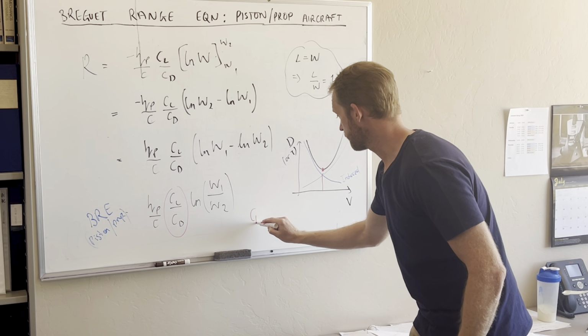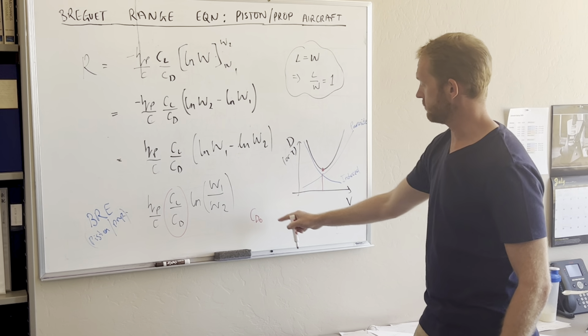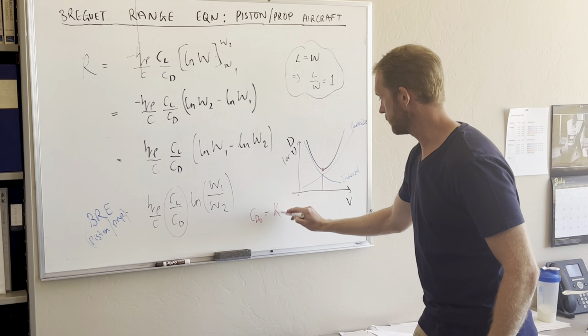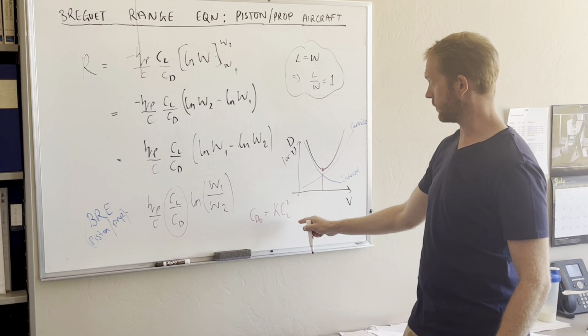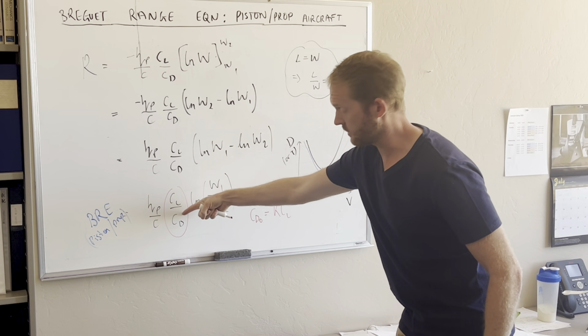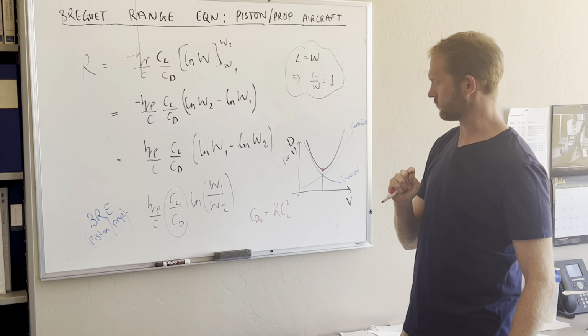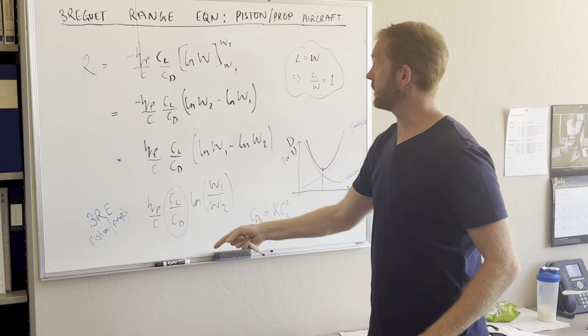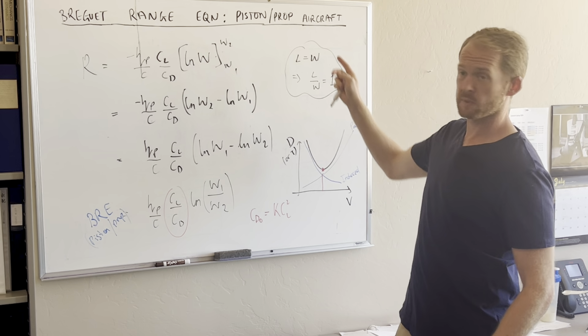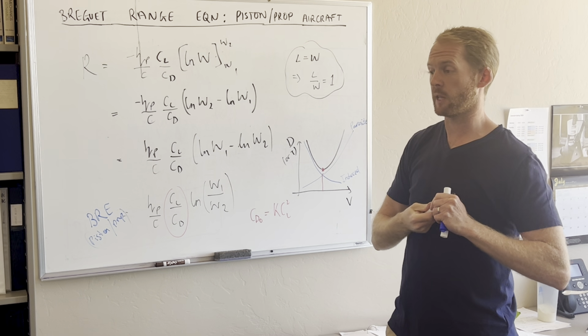So our parasite drag coefficient, CD0, should be equal to our induced drag, K CL squared, in order to maximize our lift to drag ratio in this term. So that is it. That's the Breguet range equation specifically for a piston propeller driven airplane.